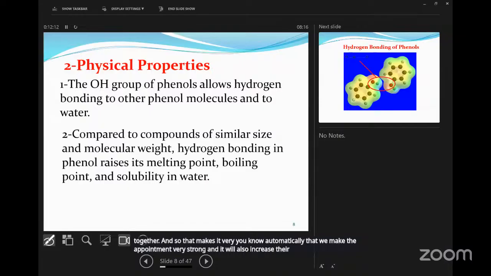This can be compared to compounds of similar size and molecular weight, because hydrogen bonding in phenol raises its melting point, its boiling point, and also solubility in water. It improves the solubility in water, but increases the melting point and boiling point because of the strong hydrogen bonding that is there.